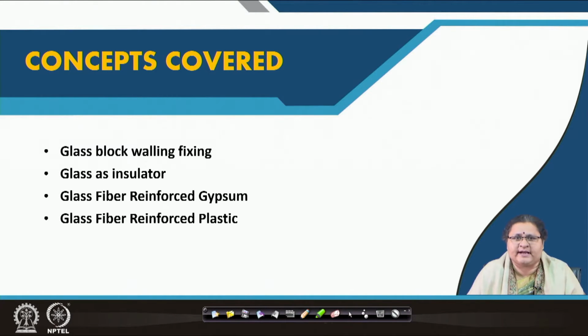Let us know that. After that, we will go to glass as an insulator, and we have two more interesting things, which are the use of glass fibers, which is also used in the insulator as a reinforcement for both gypsum as well as plastic.